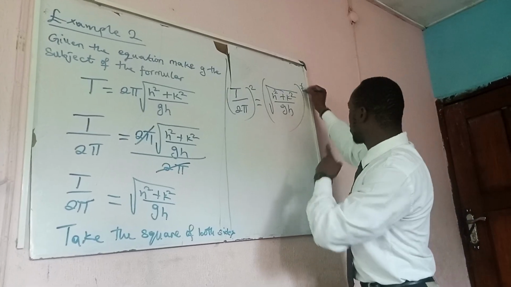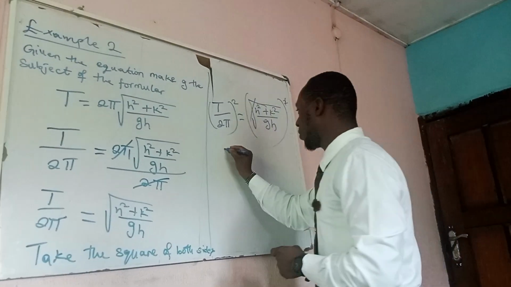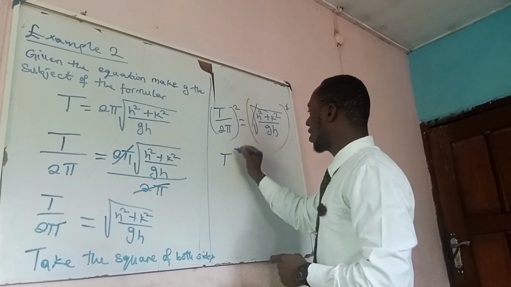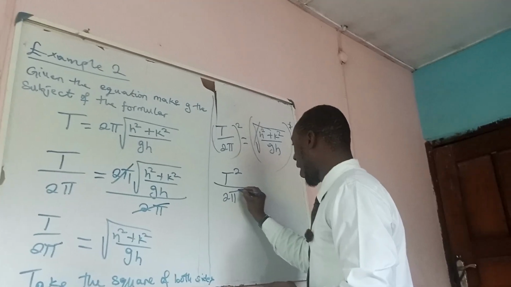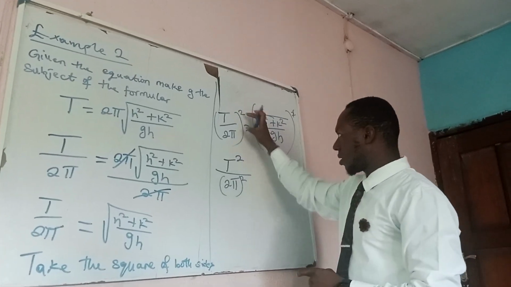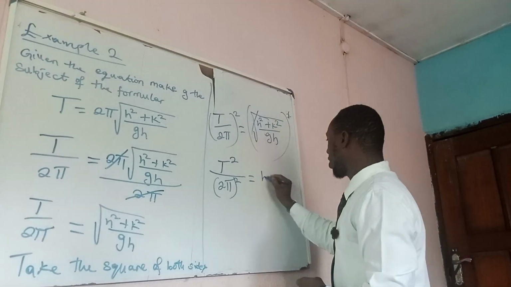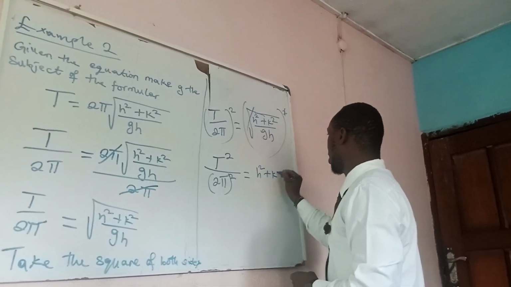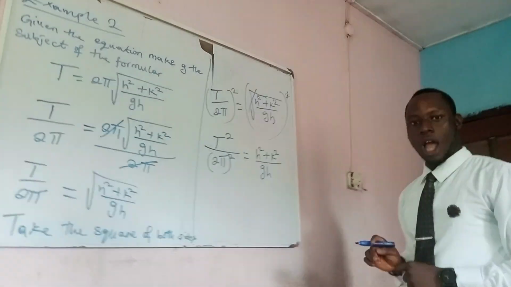Now you notice that this square will cancel the square root sign. So we are left with t squared all over 2 pi squared, equals h squared plus k squared all over GH. Are you with me?